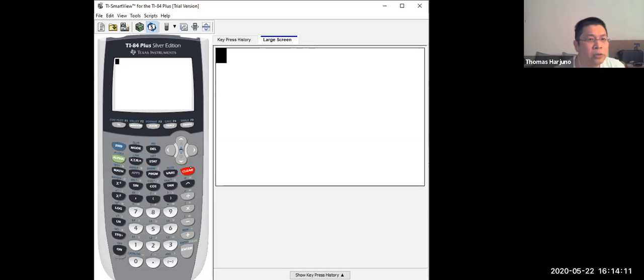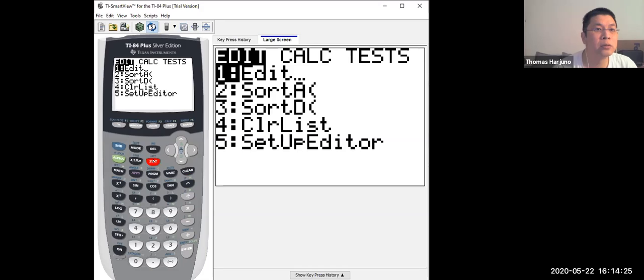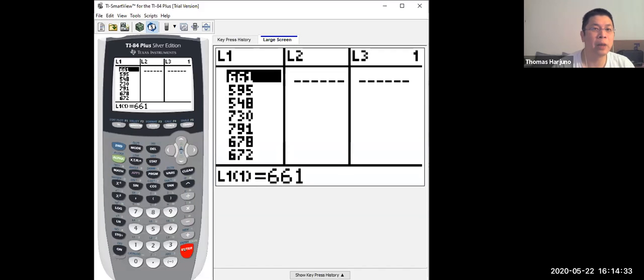I think I taught you this before, how to use your calculator to find the sum of x and sum of x squared by entering the data. You go to stats, and then I will go edit.